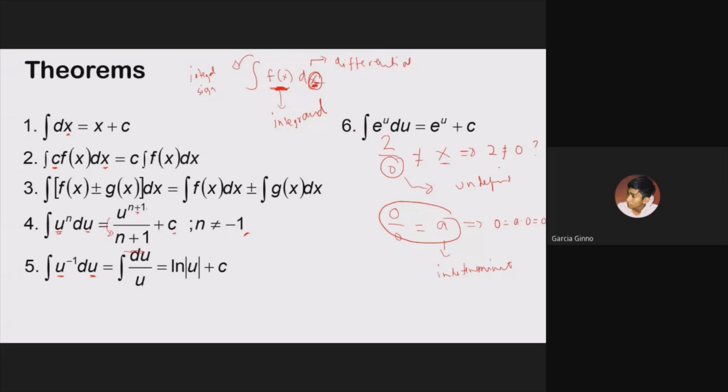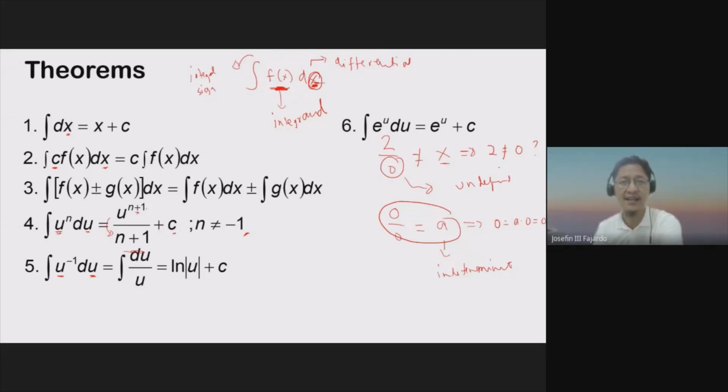Okay, pwede. Kasi di ba parang utos lang yan ng nanay natin. Charot. Dito sa rule na to, sinasabi lang na hindi pwede si negative 1. So kahit ano pang number na yan, basta hindi negative 1, pwede si rule number 4. Malinaw?